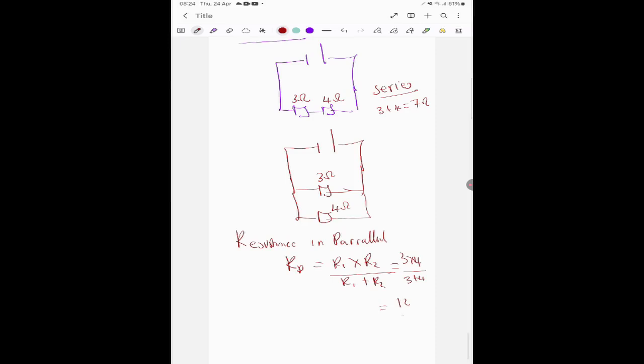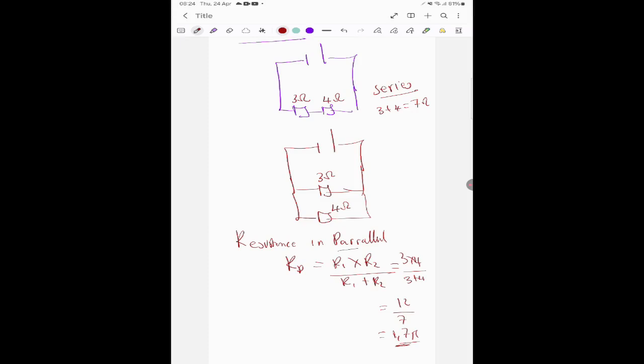So you've got 12 over 7. And I think that gives you approximately, my calculator here. Where's the calculator when you need it? That gives you approximately 1.6, I think. Yeah, 1.7. So it's approximately 1.7 ohms, right?